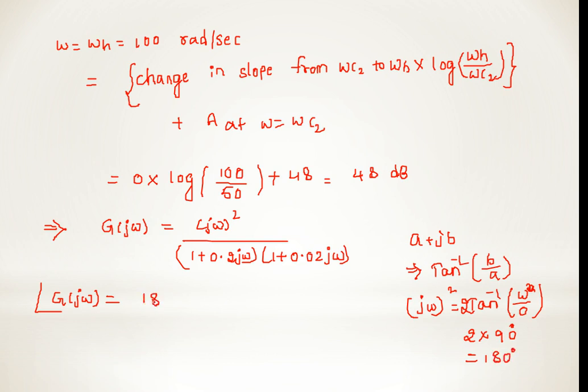So 180 degrees minus, here in the denominator we are having 1 plus 0.2 j omega. Here the imaginary part is 0.2 and the real part is 1. So we are having this term in the denominator, that's why minus tan inverse of 0.2 omega by 1, minus tan inverse of, in place of imaginary part 0.02 omega, in place of real part 1, 0.02 omega by 1.